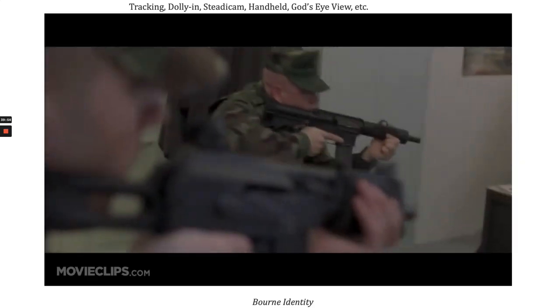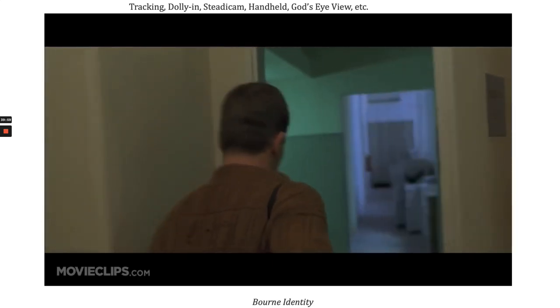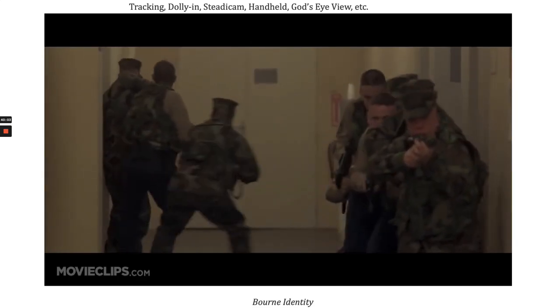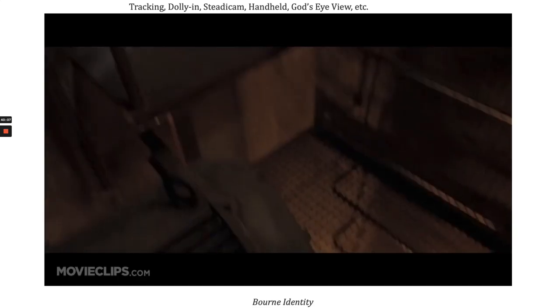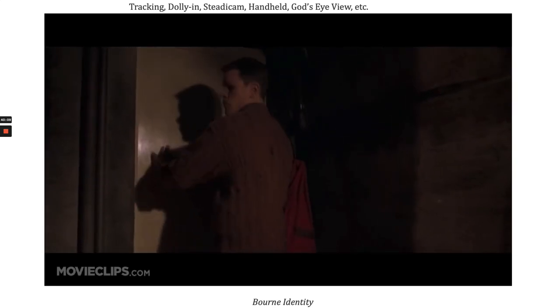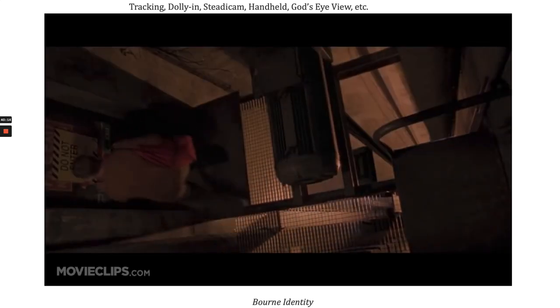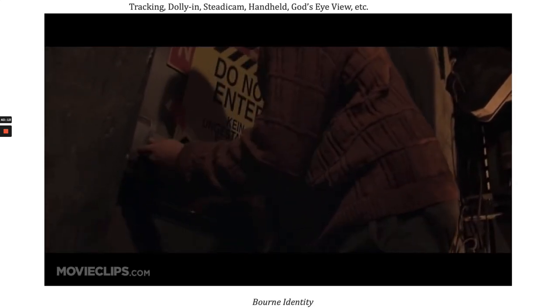Got a tilt, kind of moved up. High angle shot as they're going up the stairs. And a pan there, or sorry, a tilt. And a tilt. High angle shot. It's actually kind of like a high angle Dutch angle.